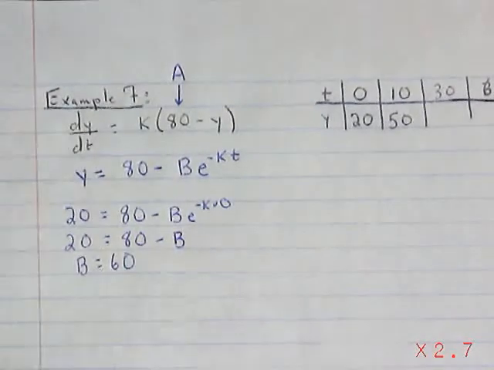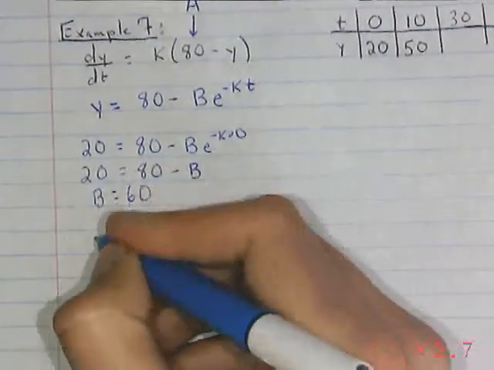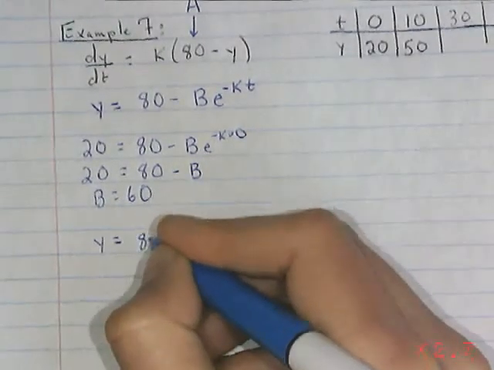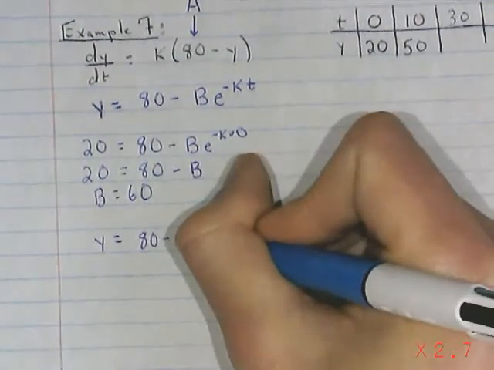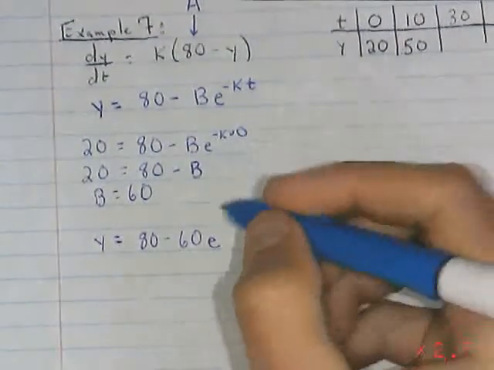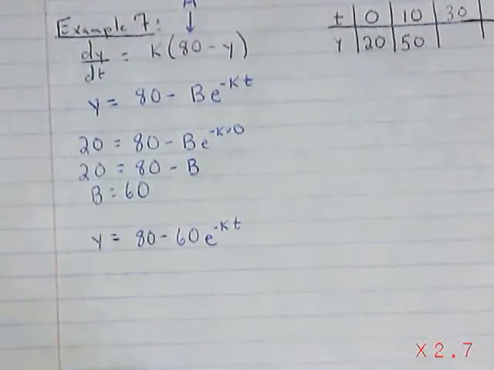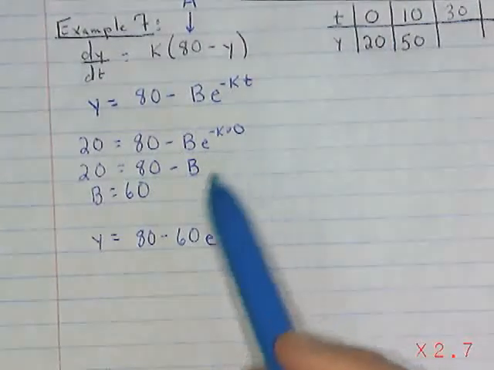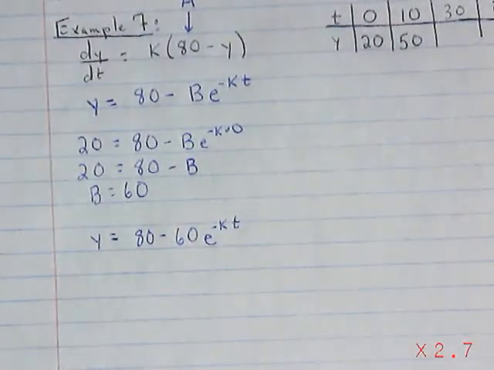Okay, so one of our constants is knocked out, and so now we're looking at a slightly nicer version that y is equal to 80 minus 60 times e raised to the negative kt.